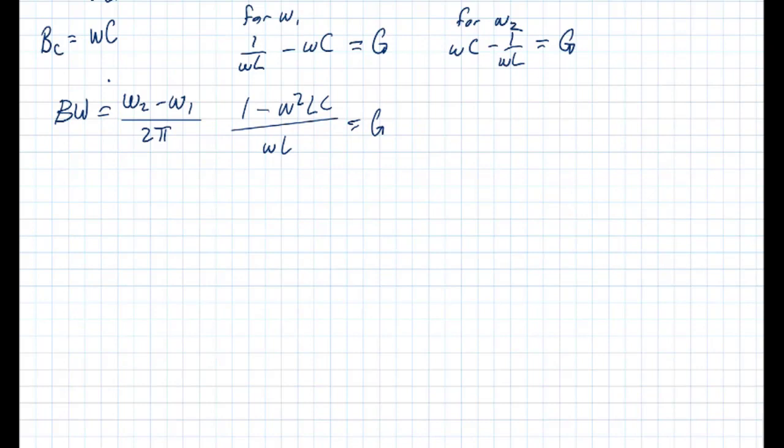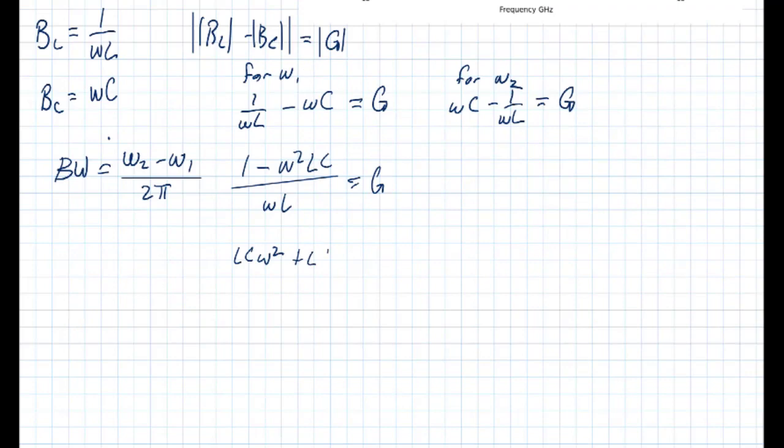Okay, so further expanding, this becomes LC omega squared plus LG omega minus 1 equals 0. And now we can use the quadratic formula to solve for omega. And we're solving for omega 1, so I'll put that subscript back in.